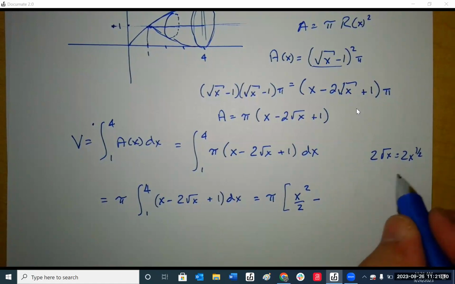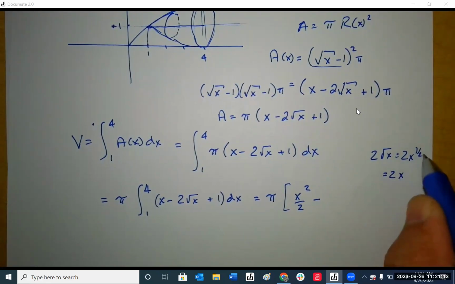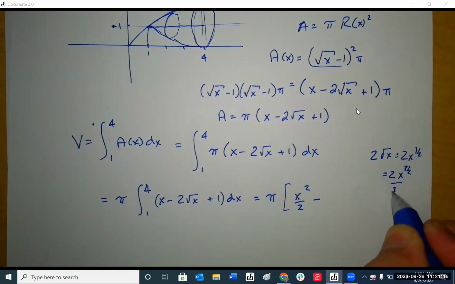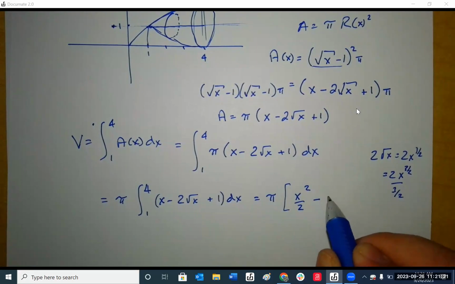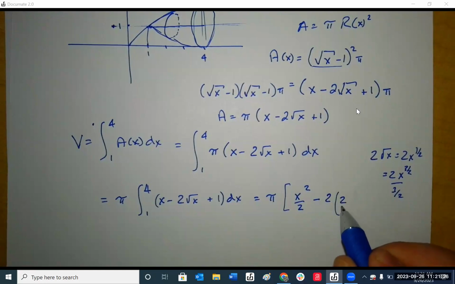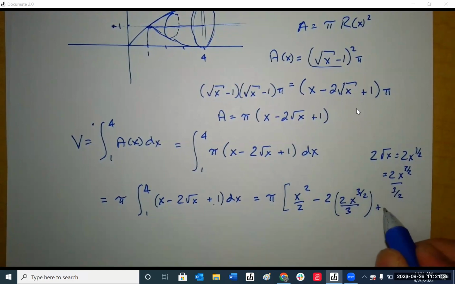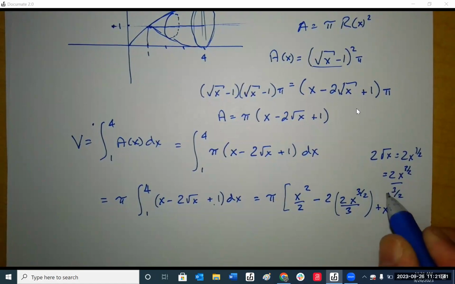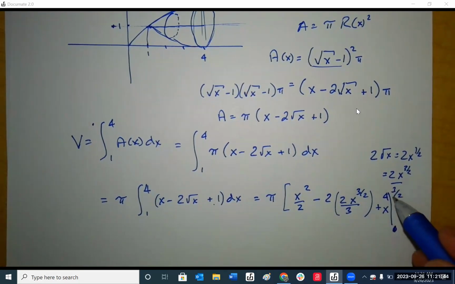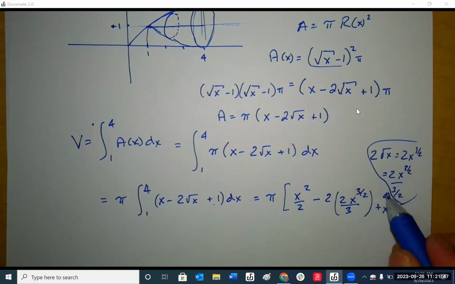When we integrate it, add 1 to the exponent, it's 3/2 over 3/2. So it's 2 times 2 over 3 x to the power 3/2. And 1 becomes x. There. From 1 to 4.